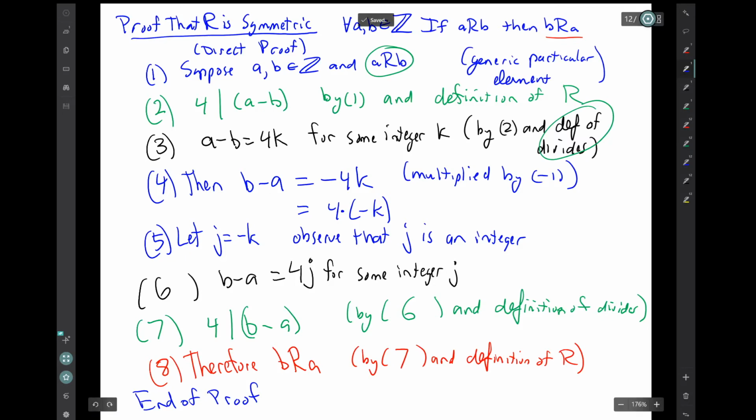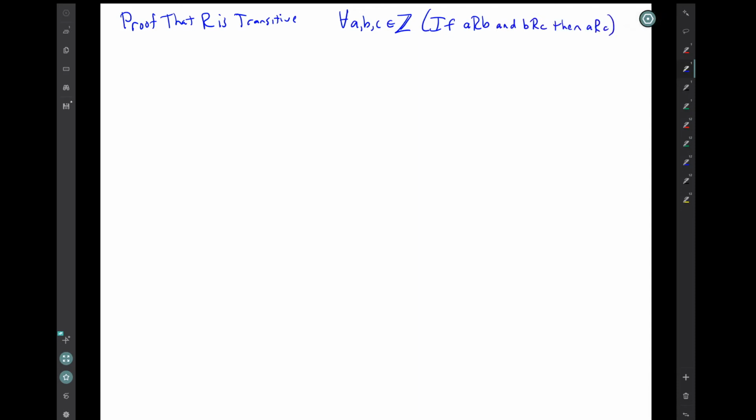Now let's go on and prove that R is transitive. So there's this statement of transitivity. For all A, B, C, if A is related to B and B is related to C, then A is related to C. Well, so we'll prove this with a direct proof.